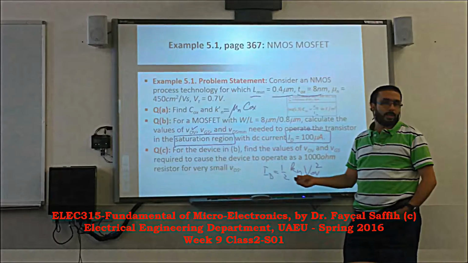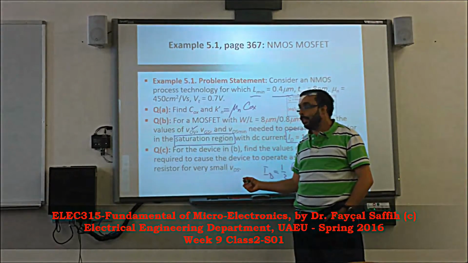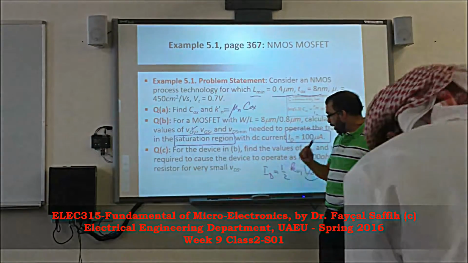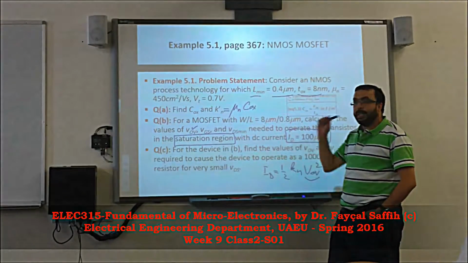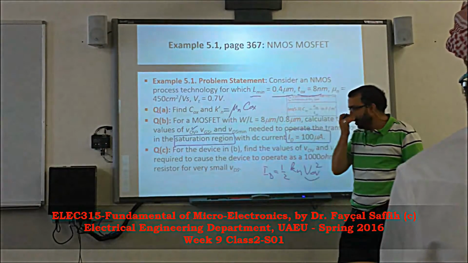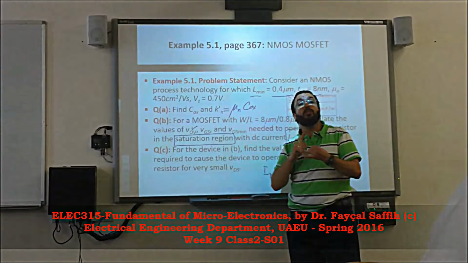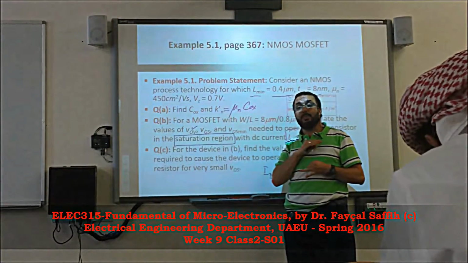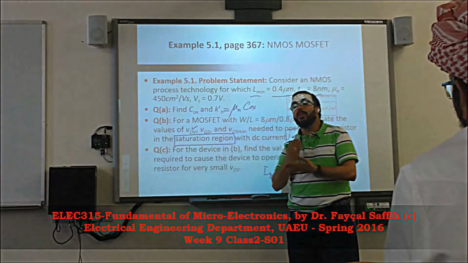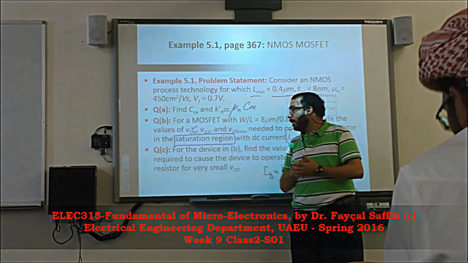So it's easy to find. Do you find any difficulty here? Ali, got it? So basically the overdrive will be the square root of 2 ID over Kn. That's it. There's nothing really complicated. As I told you, we need to know which equation to use. So you need to know, first and foremost, and this will hold until the end of this course and forward, where the transistor is working. You understand? You need to know that.